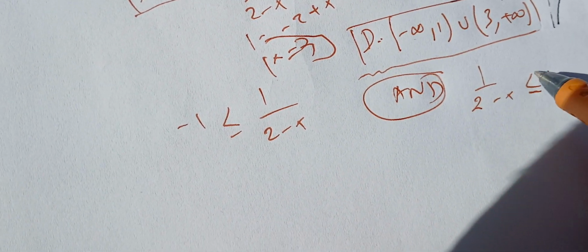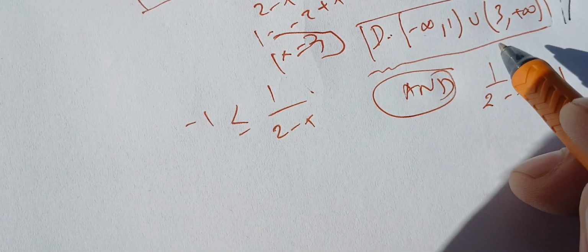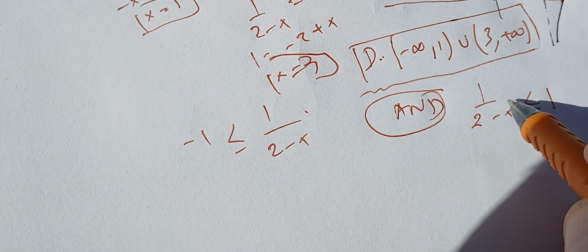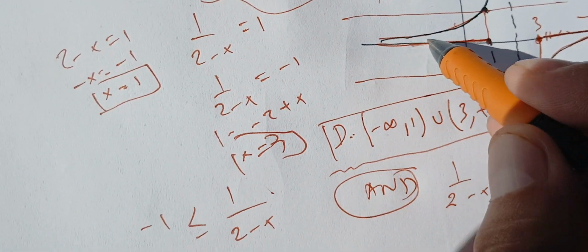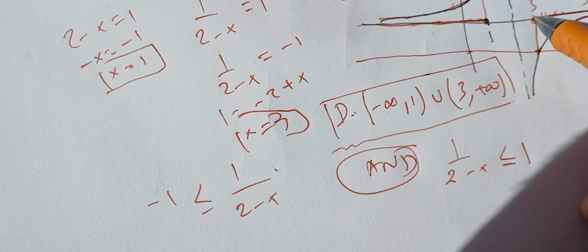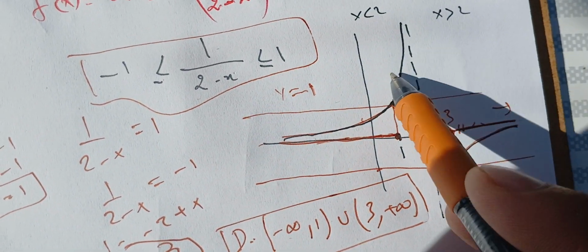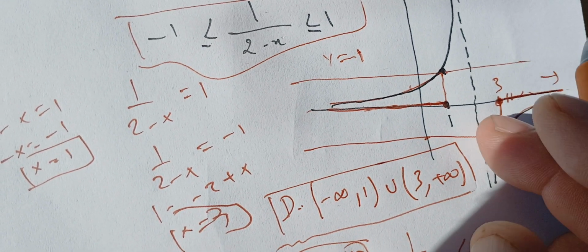When we solve here, we're going to find a domain, and when we solve here, we're going to find a domain, and we intersect them. And if we do so, we're going to find that our domain is this one. So these are the x values. I'm going from minus infinity to 1, and after that from 3 to plus infinity. Okay, graphically this is the easiest way. If we are in an exam, this is the easiest way.